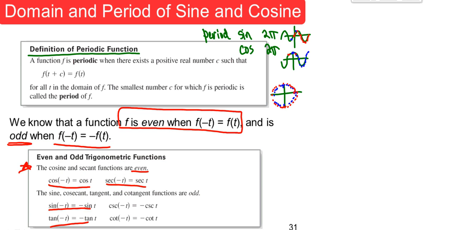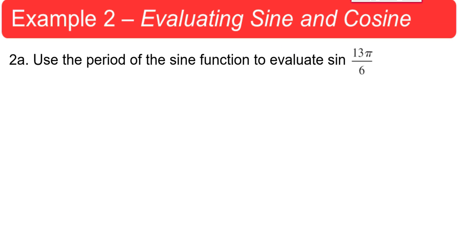Now, we want to use this periodic nature of the sine and cosine functions to evaluate these. That's going to help us down the road so that we don't have to draw a unit circle all the time, and also use that table of values. So think about the fact that we have this unit circle.